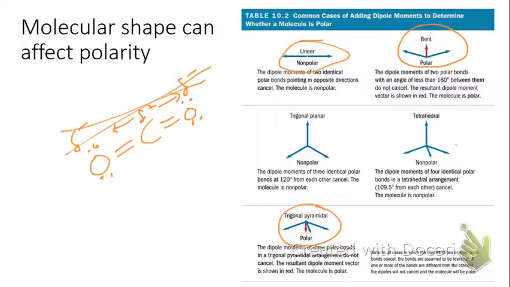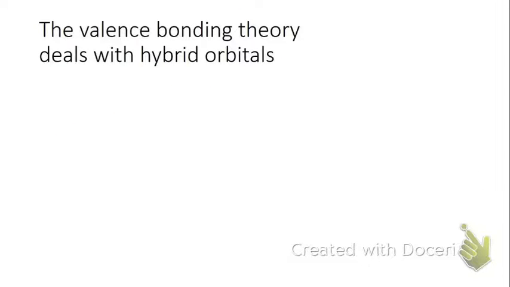So we're going to talk about 2 more things left on the list. Valence bonding theory. We're going to talk about hybrid orbitals. So let's look at this. H2S. So hydrogen is this, but we've got 2 of them, right?